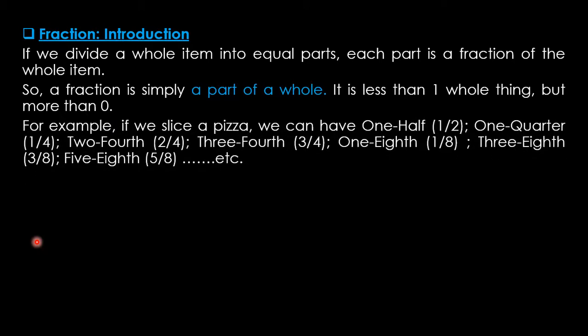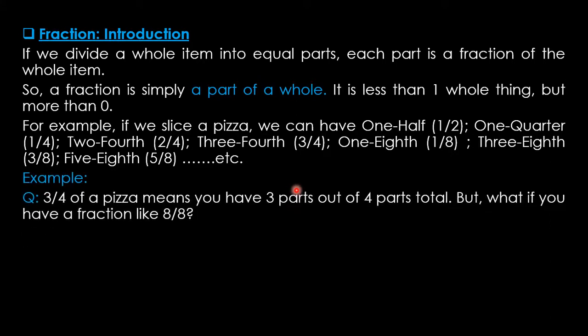For example, if we slice a pizza, we can have 1/2 or 1/4, 2/4, which is also literally half, 3/4, 1/8, 3/8, 5/8, etc. Now example, 3/4 of a pizza means you have 3 parts out of 4 parts total.